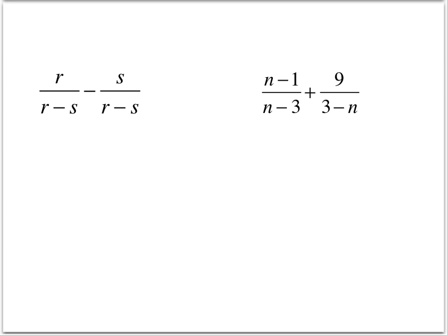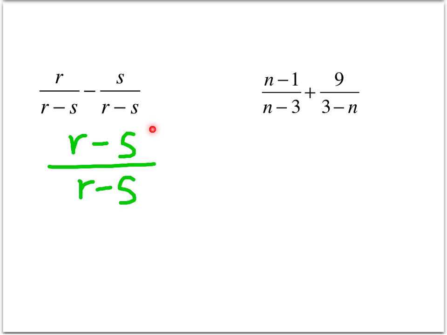A couple other ones. Now, these two are a little trickier, but I think you'll be able to catch on to these also in pretty good shape. Now, we have a common denominator in the first one. It's this r minus s. So far so good. Once again, all we're going to do is that r minus s is going to be my denominator. I'll just write that down. And then I can try to combine my numerators. It is going to be just r minus s. Now, can I do any reducing on this one?